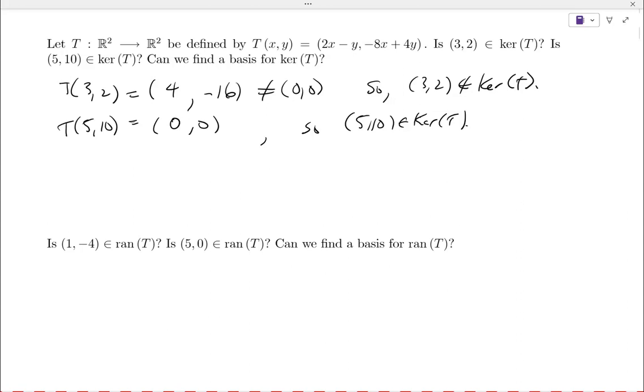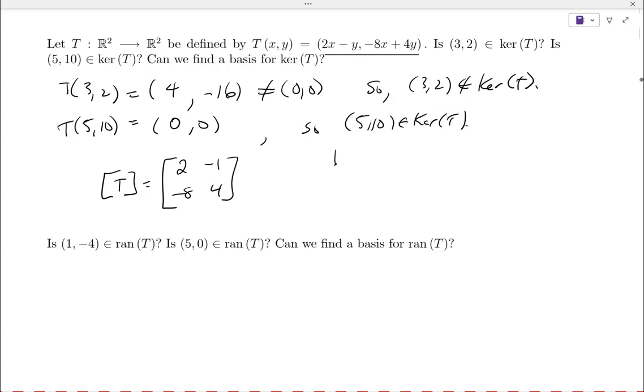Now we set it equal to 0. Yeah, so notice again here with this particular transformation, we should be able to solve a matrix equation, right? What is the standard matrix for this one? Let's do that first. What will be your first row? And the second row will be negative 8, 4, right?